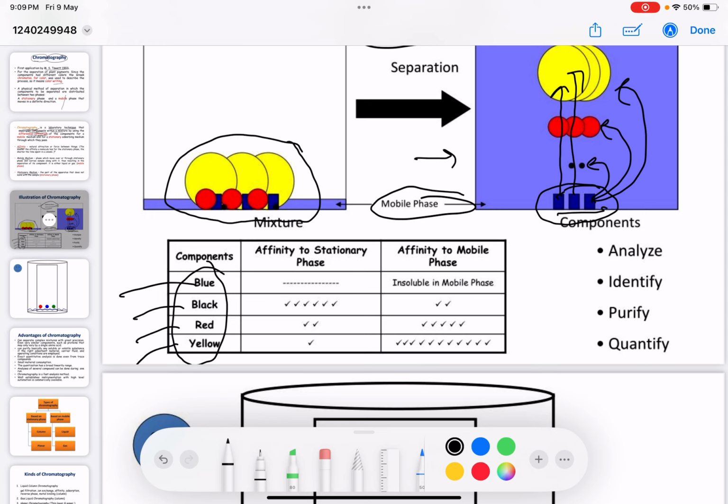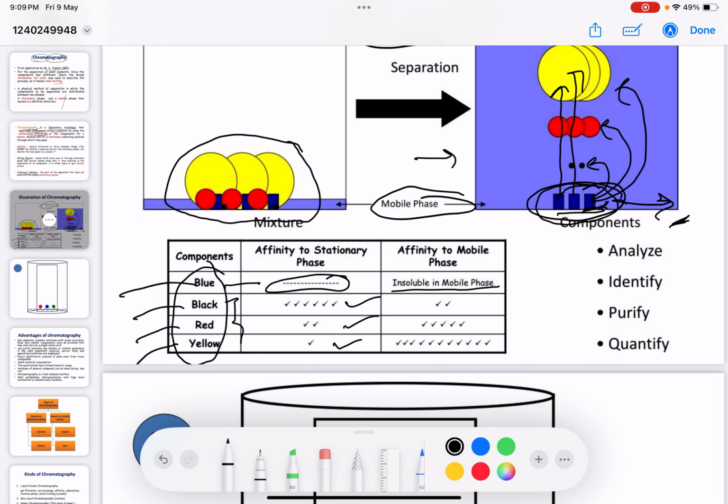Okay, so for affinity to the stationary phase, yellow has it, red has it, and black has it, whereas the blue doesn't pass, right? Blue is just standing here. And for affinity to the mobile phase, blue is insoluble in the mobile phase. Here we can see the presence of the blue color, right?